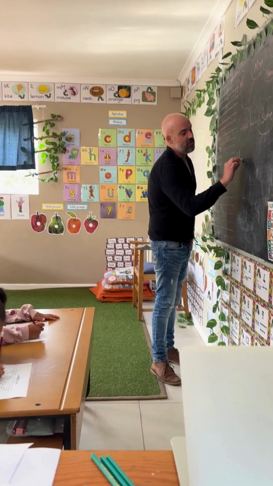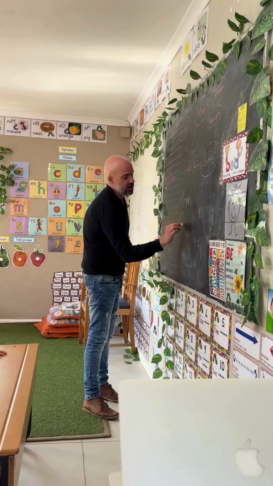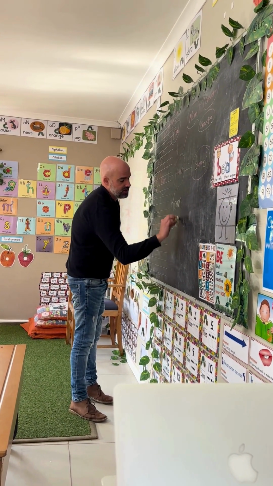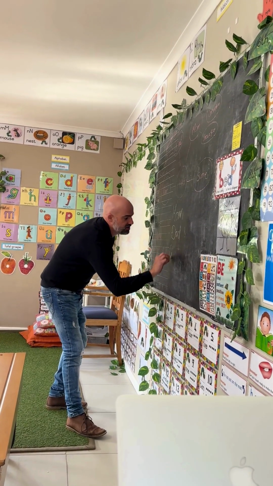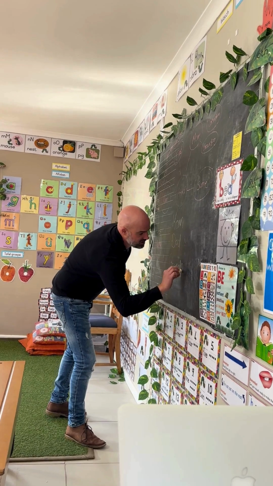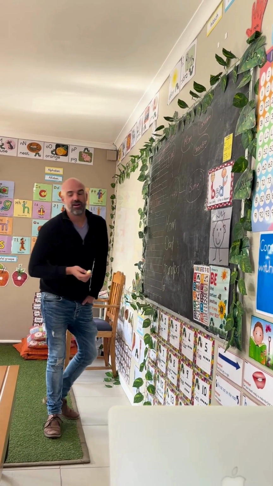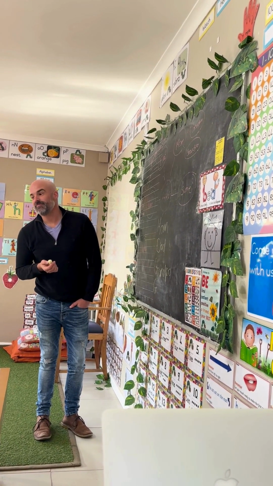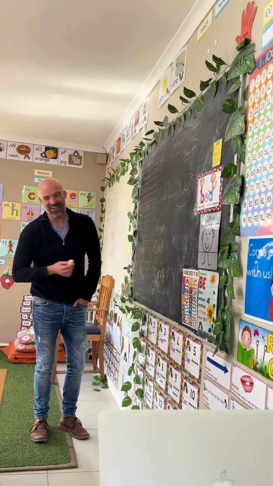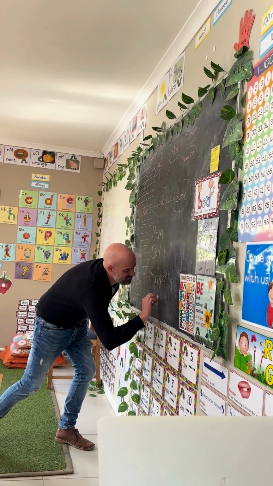What did I write here? Mom. Yeah, and over here? Dad. Okay, and then grandpa. And then what am I writing here? Are you assuming I'm going to write grandma? Yeah, you are. Okay, let's do that. Grandma.